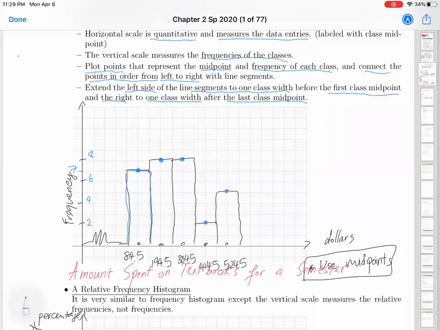Okay. And I connect these points together. And I connect this point to the left here, and this point to 1 class width to the right of the last class midpoint. So the blue line segments represent the frequency polygon.